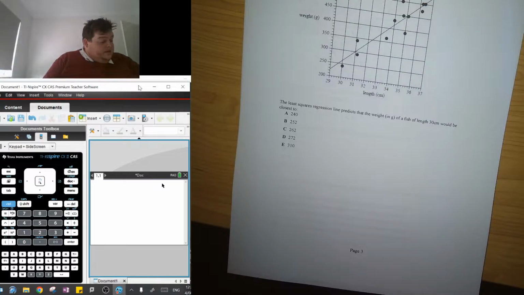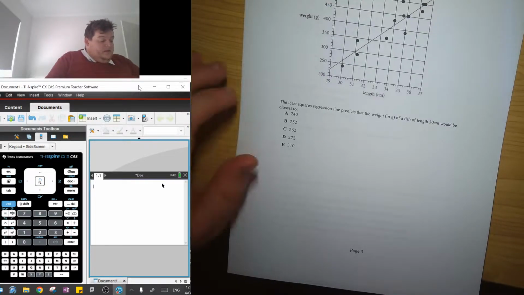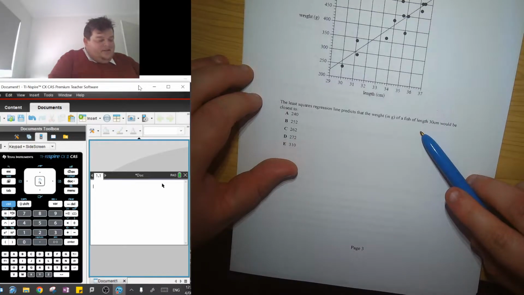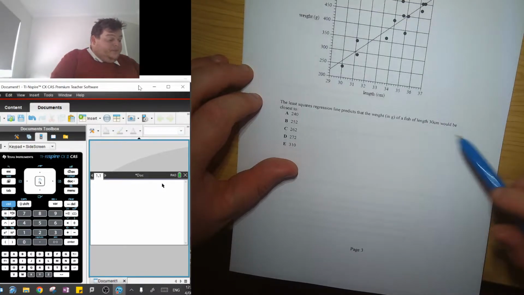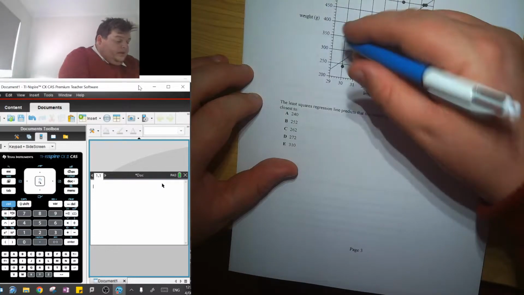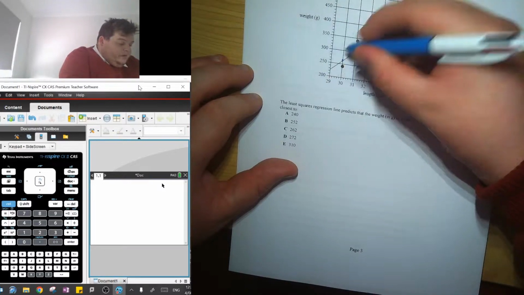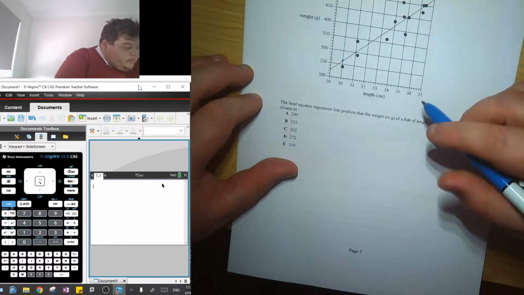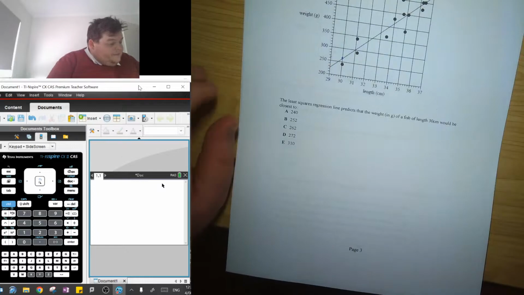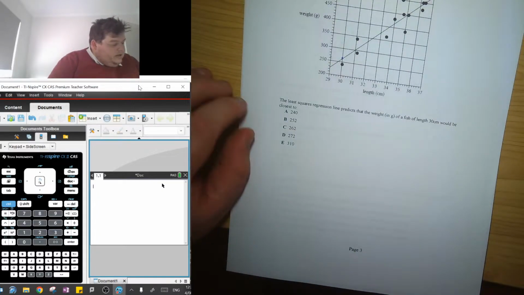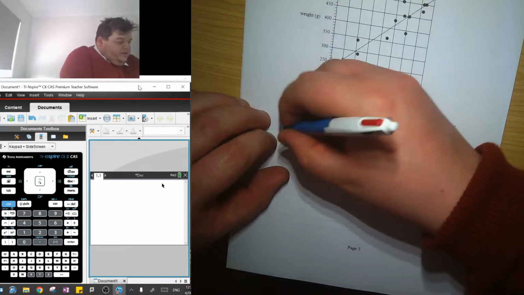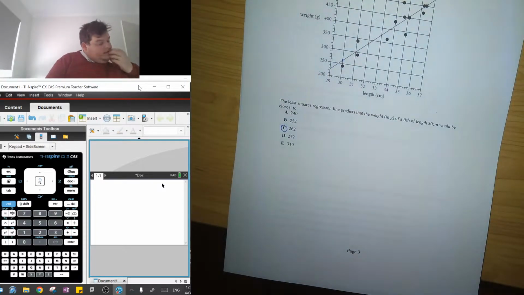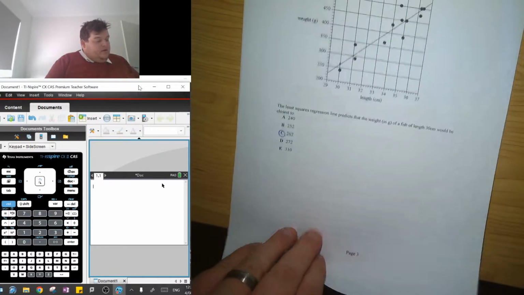The least squares regression line predicts that the weight in grams of a fish with a length of 30 centimeters would be... So if this is length, we're looking at about there, which matches up with that point there, which is about 260-ish. Looking at the options, 262 is definitely the closest, so that's what I would be going for.